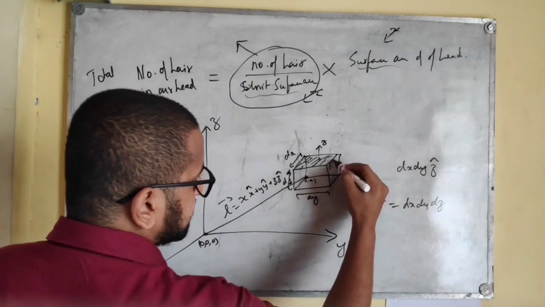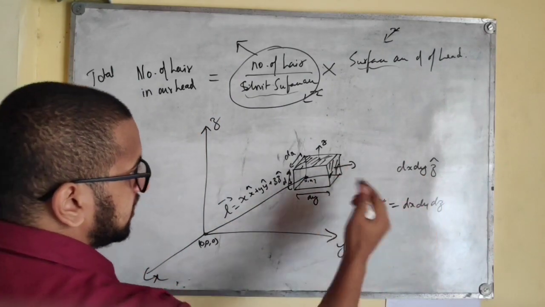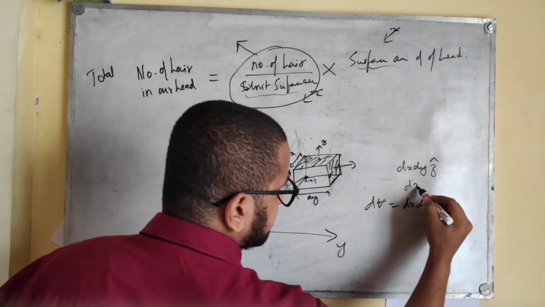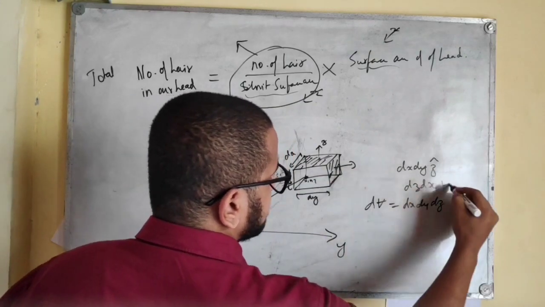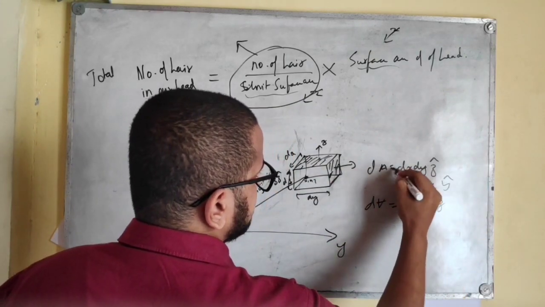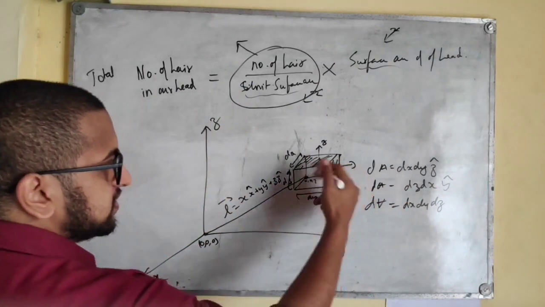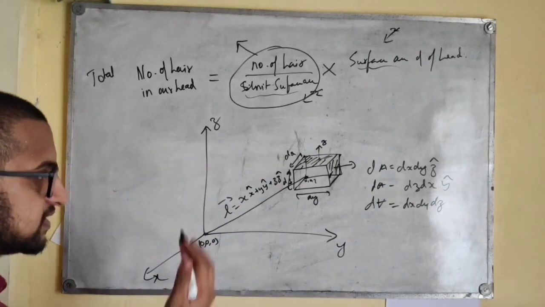Similarly, if you want the area projecting towards the positive y direction, this is going to be dz multiplied by dx in the y direction. So this is the area of these surfaces and this is the volume of the object. It's very easy to understand Cartesian coordinates.